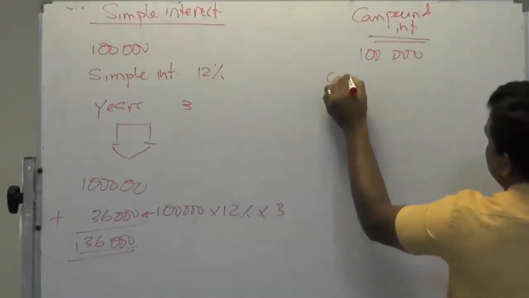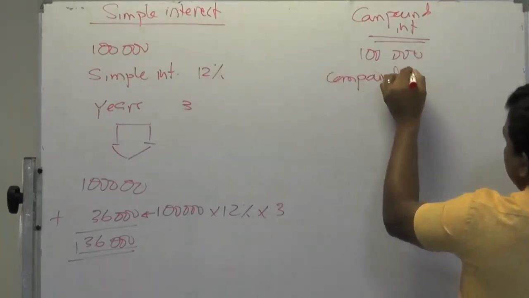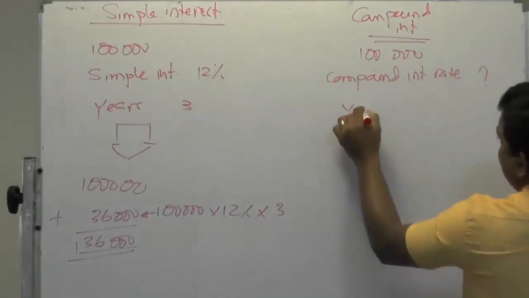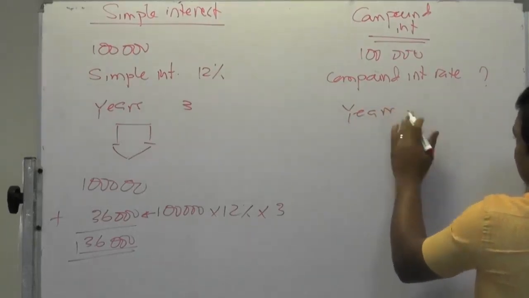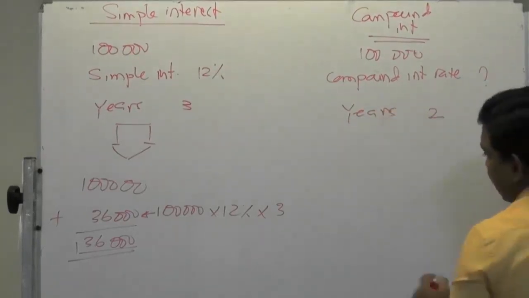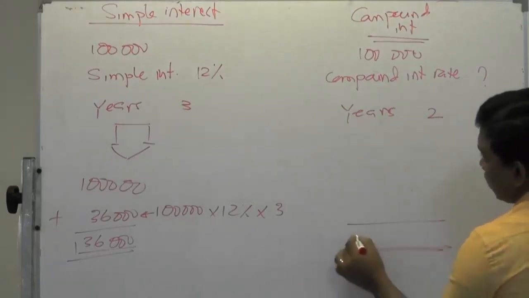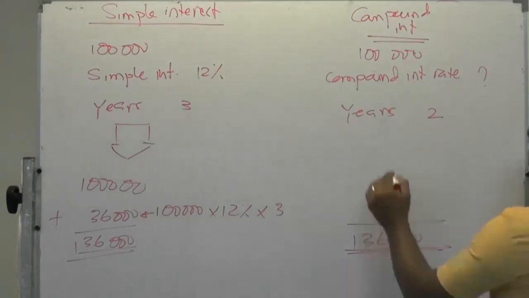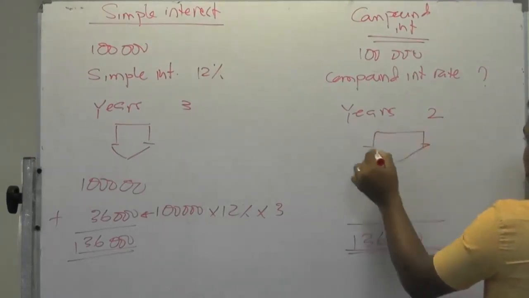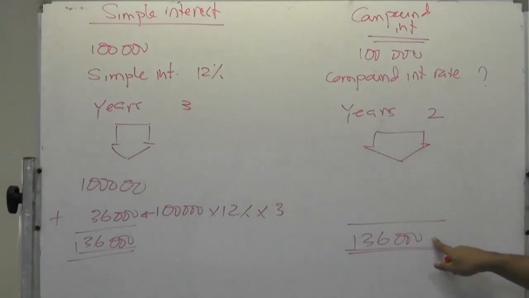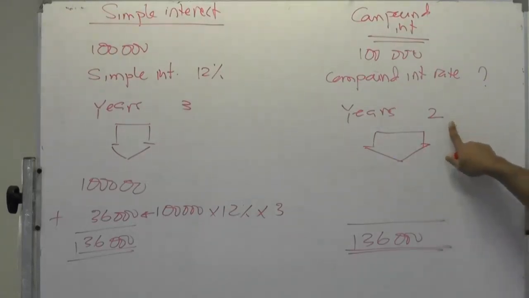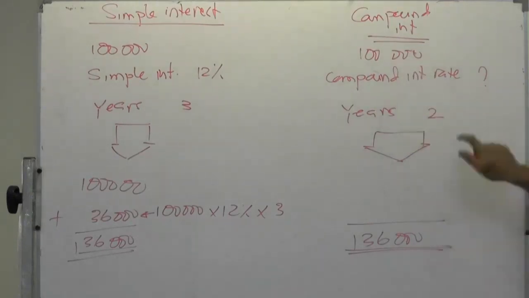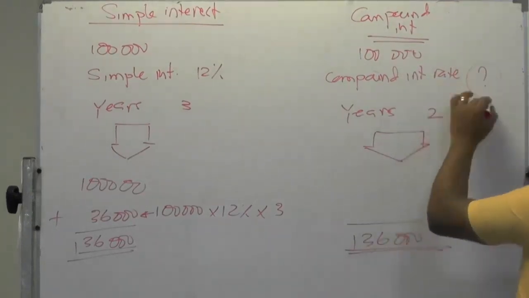Compound interest rate is the question. Number of years they have mentioned should be 2, and the end value would be 136,000, right? To have this answer after 2 years at a compound interest rate on the investment of 100,000, what would be the rate? That is the question.